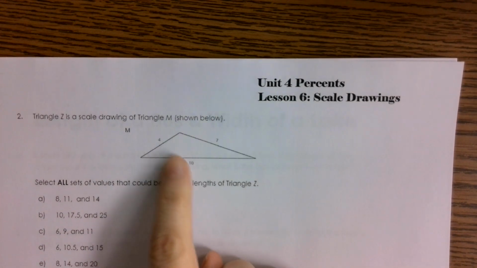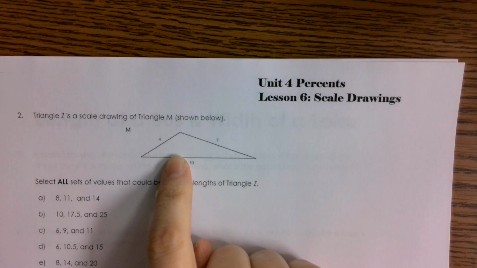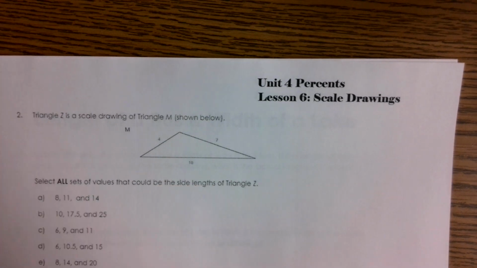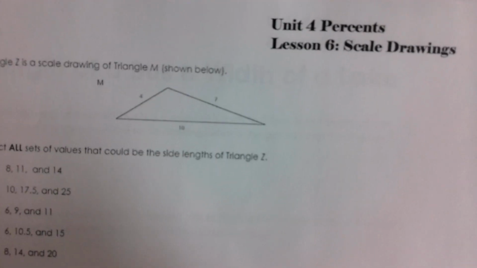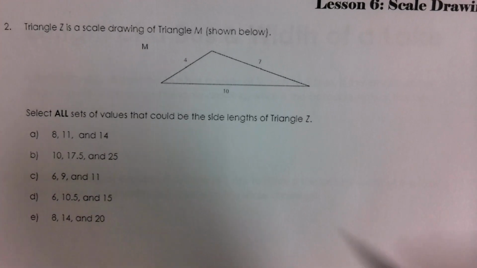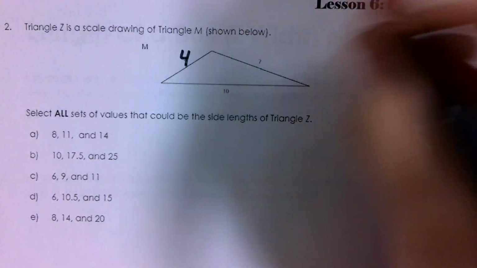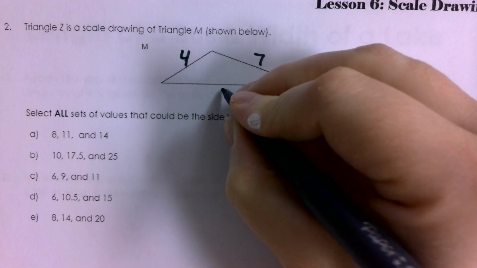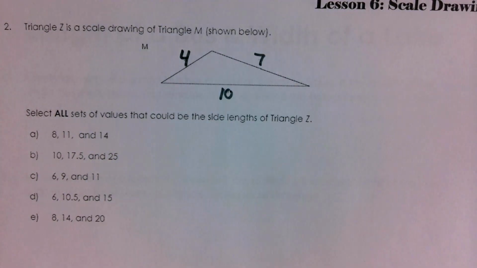So taking a look here, triangle Z is a scale drawing of triangle M. Here we have triangle M, and I don't know if you can see these very clearly, so let me rewrite what those sizes are. This is supposed to be a 4, this is supposed to be a 7, and this is supposed to be a 10.